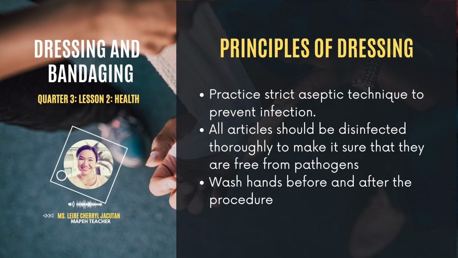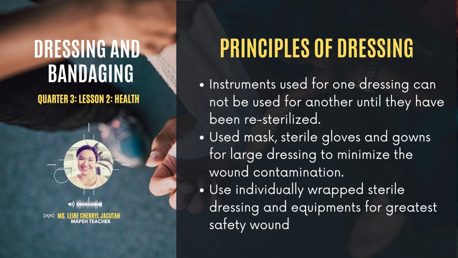Number 3, wash hands before and after the procedure. 4, instruments used for one dressing cannot be used for another until they have been re-sterilized. Next, use masks, sterile gloves, and gowns for large dressing to minimize wound contamination. And lastly, use individually wrapped sterile dressing and equipment for greatest wound safety.